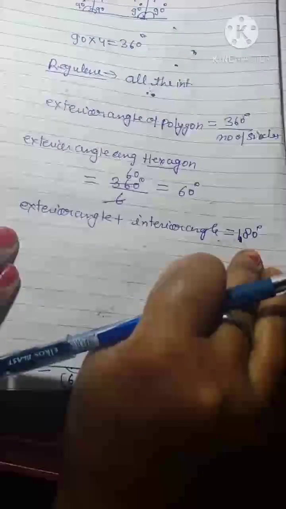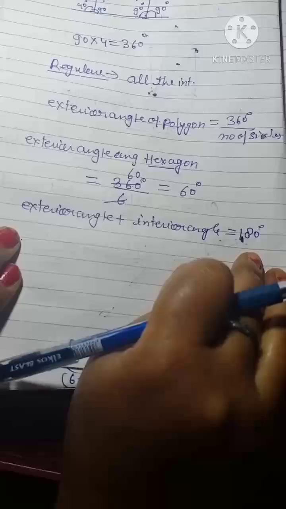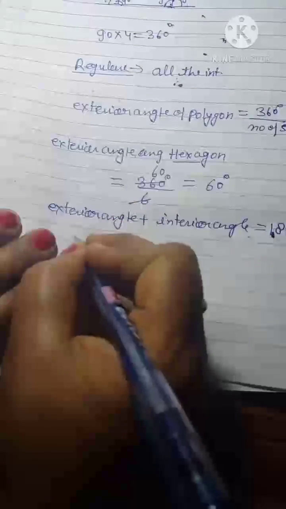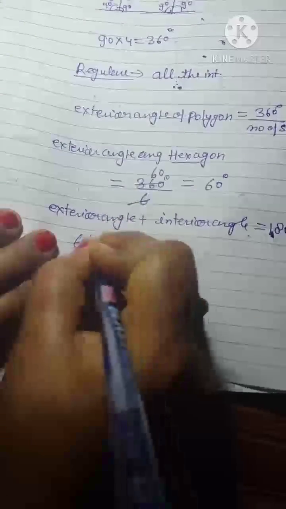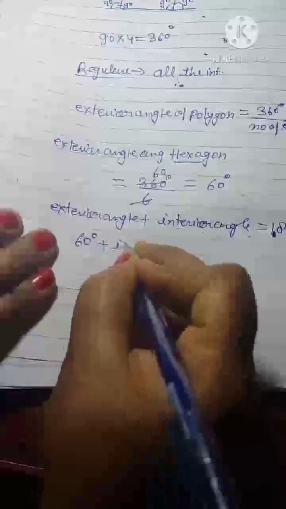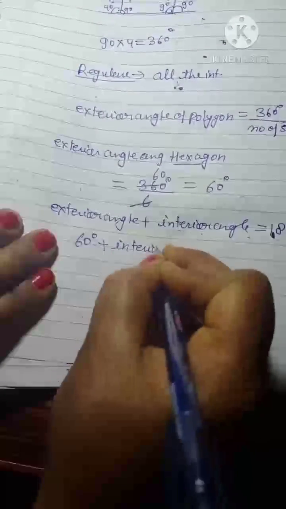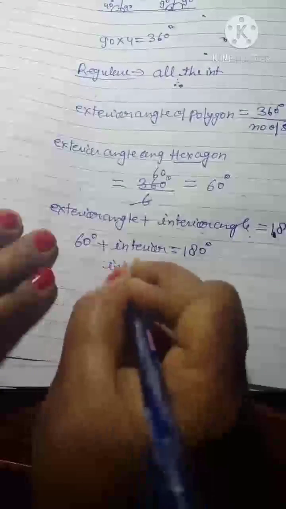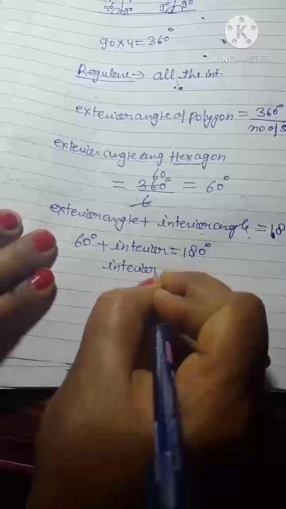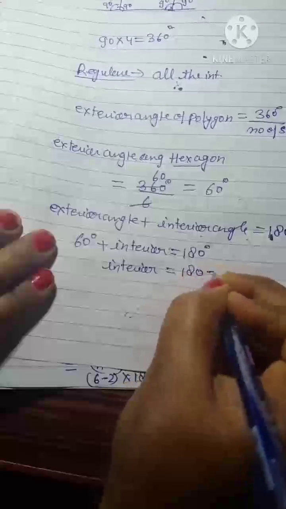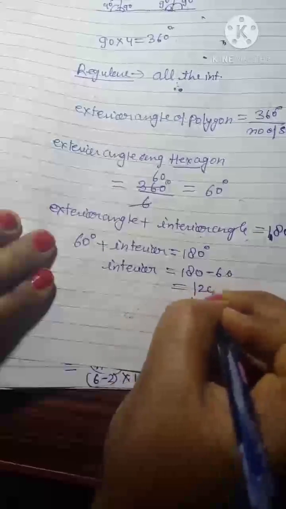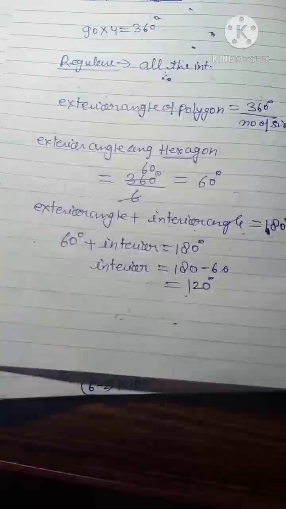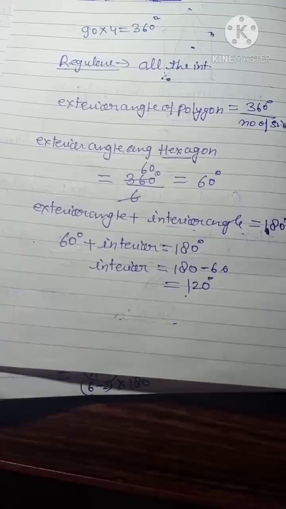Exterior angle plus interior angle will be equal to 180 degrees. So suppose you are given that the exterior angle is 60 degrees, what will be the interior angle? 60 plus interior is equal to 180 degrees. So the interior angle will be 180 minus 60, it will be 120. So in this way you can find them. If one thing is given to you, you can find the other.